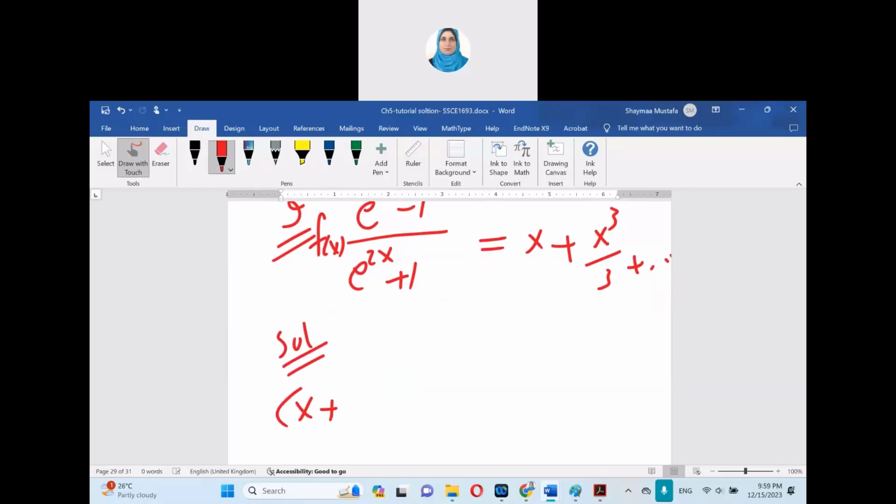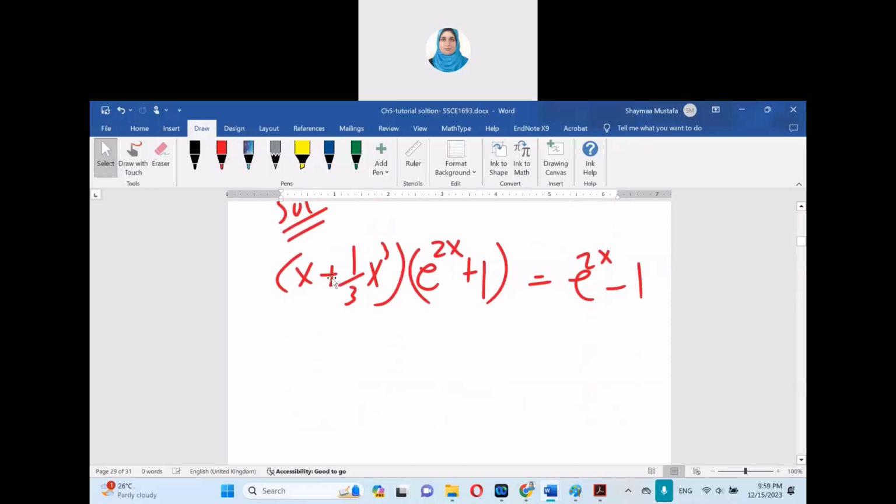You can prove that x plus 1/3 x cubed, find the Maclaurin series here, and prove it is equal to the Maclaurin series for e^x minus 1. So you need to find the Maclaurin series. For question 17.